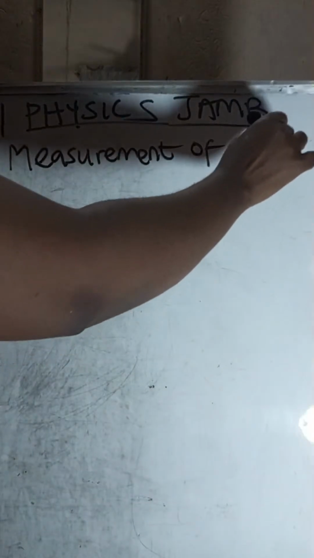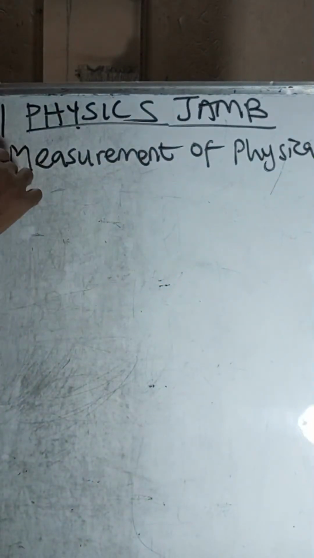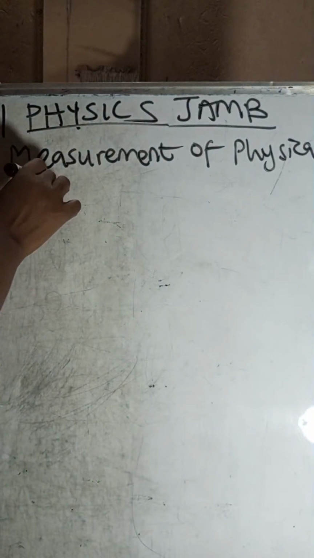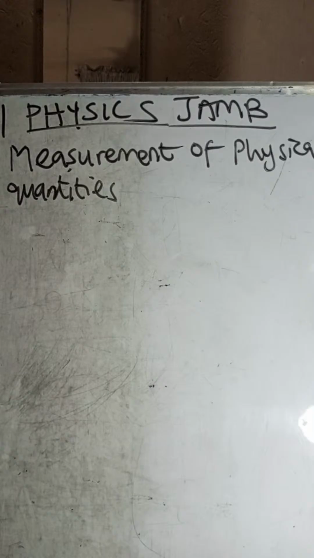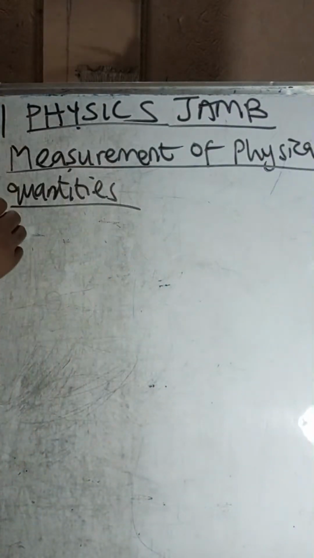Measurement of physical quantities. We have to start from there. An important thing you need to know that they might ask you as a question is: physical quantities are divided into how many? They are divided into 2.